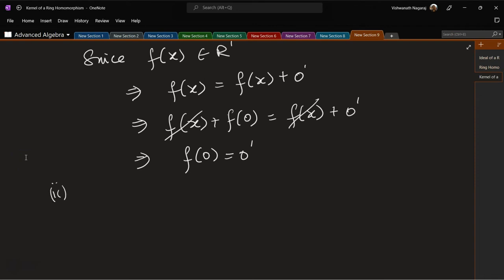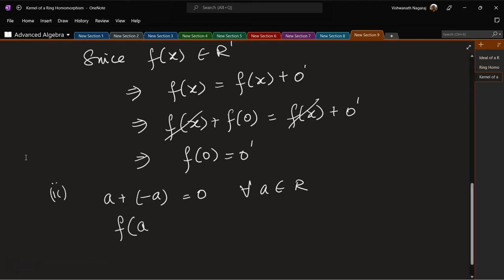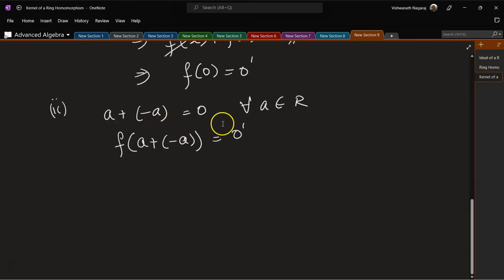Second one is a plus minus a is equal to 0. An element of R added to its inverse will give us the additive identity, for all a belonging to R. Now let's take the function of this. a plus minus a is equal to 0, and this 0 can be written as 0 prime because we are taking the function.